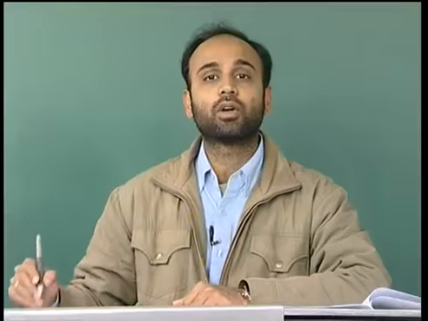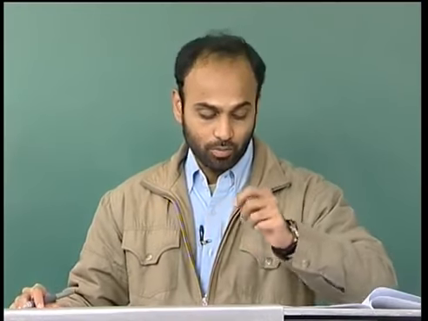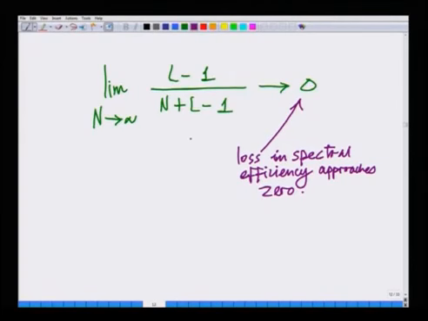Hence what this says is one has to employ progressively more and more subcarriers. So the larger the number of subcarriers, the better it is, so that the cyclic prefix doesn't result in loss of throughput.